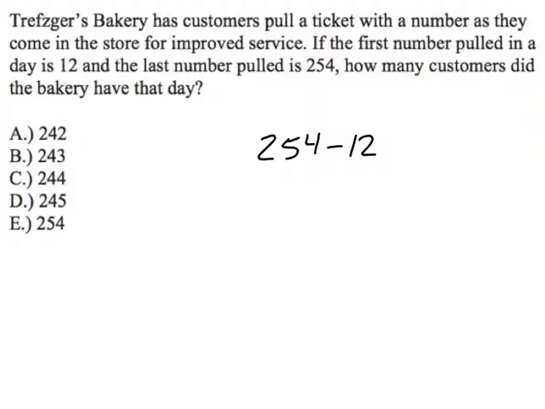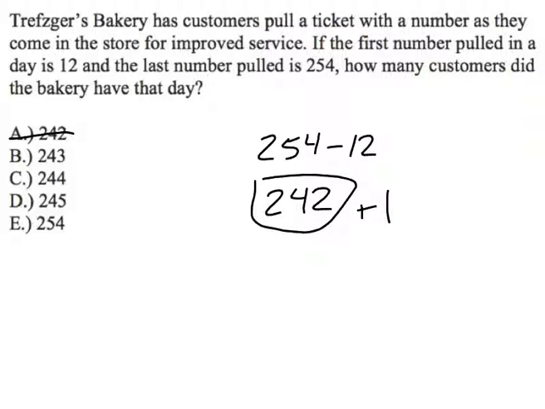The trap here is to subtract the two and you go, okay, well that's 242. Yay, I'm right, but you're wrong. You didn't include 12. You don't really count that first number when you subtract two numbers. It's actually that plus 1, which is 243. So be careful when you are looking at a range of numbers. You need to make sure that you include the first one that's counted. So do add 1 when you subtract.